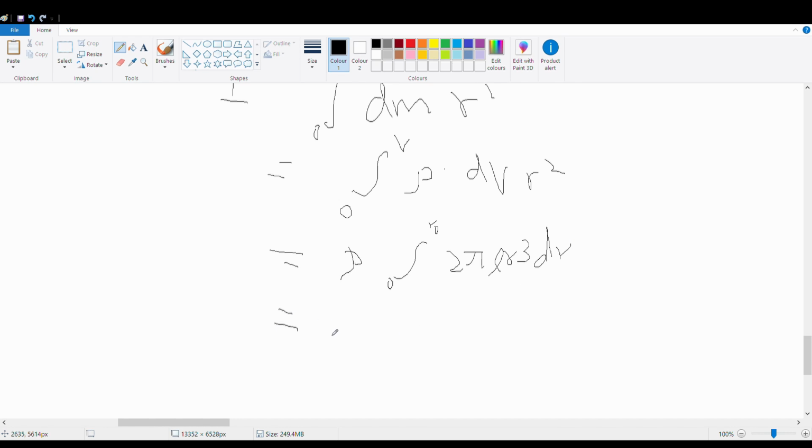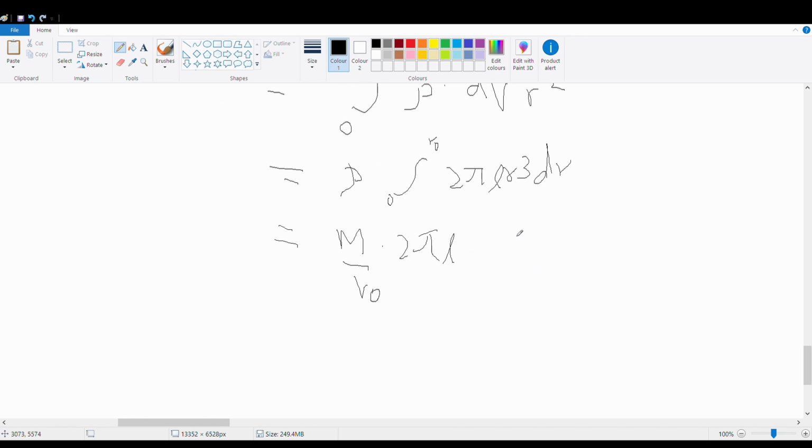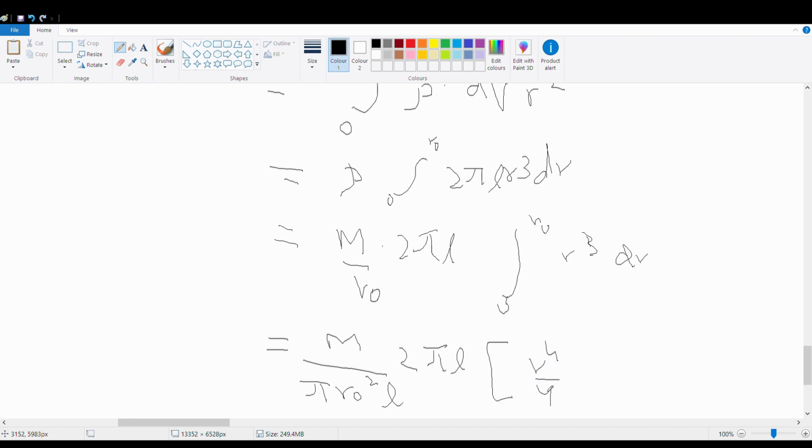So m by v naught into 2 pi l, and we have 0 to r naught r cube dr. So this is equal to m by pi r naught square l into 2 pi l into r raised to 4 by 4, from r naught to 0.